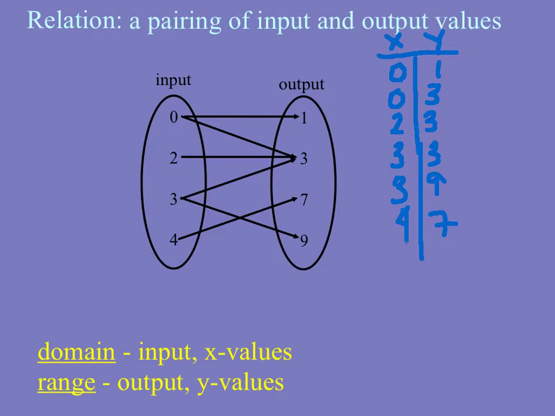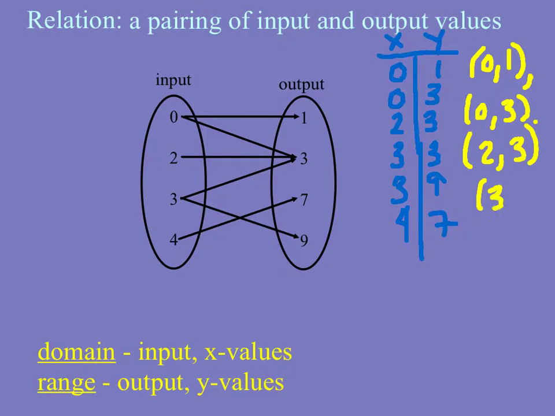So I could write that as a table, or I could go ahead and write that as ordered pairs. So the 0, 1 I can write as 0, comma 1. And then I can write 0, comma 3. And 2, comma 3, and 3, comma 3.